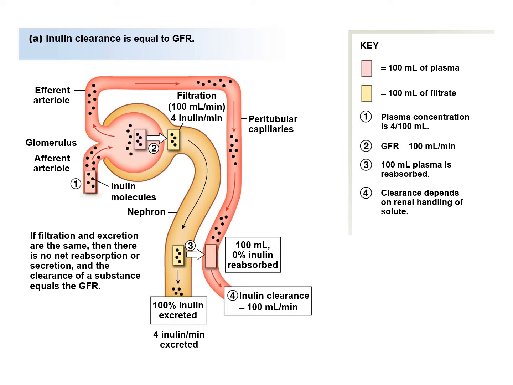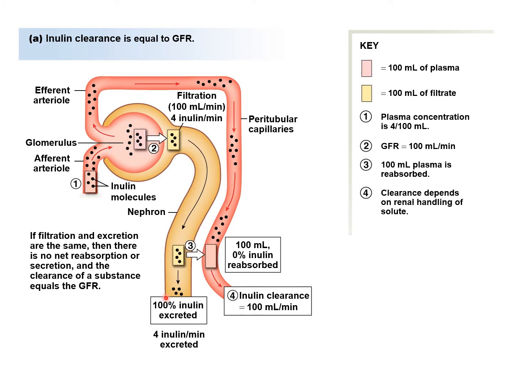And so what we do is we test healthy people, and we give them a certain amount of inulin. Inulin happens to be a molecule like glucose, but it can't be metabolized by the body. The body cannot use it for energy. It's small enough, it's aqueous, it's hydrophilic enough, it filters beautifully, okay? But it does not get reabsorbed and it is not secreted.